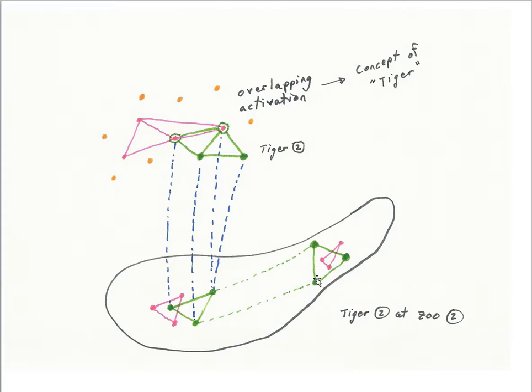But over time, as consolidation happens, some researchers suggest that there's going to be a preferential consolidation of the common features of Tiger 1 and Tiger 2 that will result in the semantic memory, the schematized version of a tiger at a zoo.